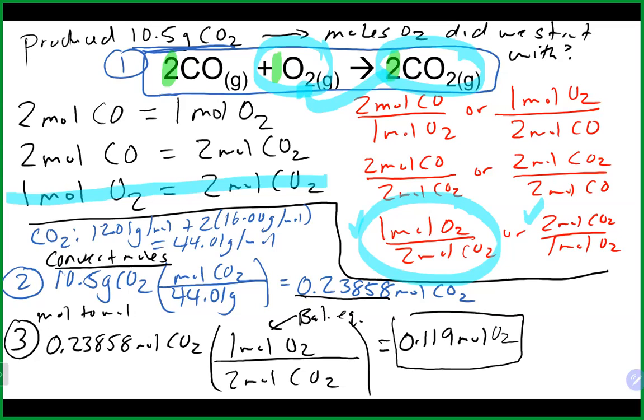Although we did not need to do it in this step, just to finish it out, if we did go to grams, we would do the 4th step here, and that would be 32 grams per mole. And that would be like step number 4, if necessary. And that gave me 3.82 grams. And it really is, again, just those same 4 steps. Any questions on any of those steps?